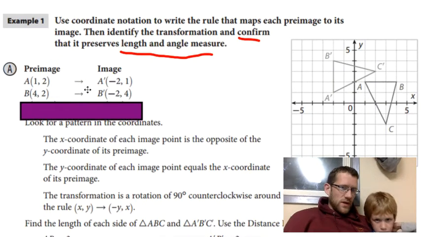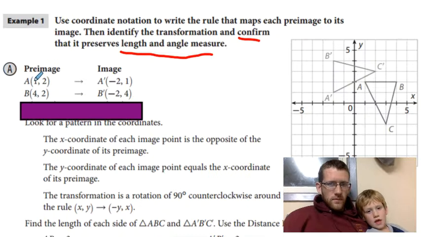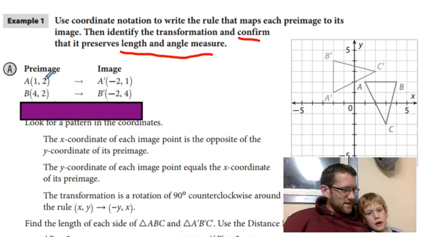So what did they do to each one? What's the pattern, do you think, Will? They had it so the front 2, so they switched the places. They did switch the places. Good observation.